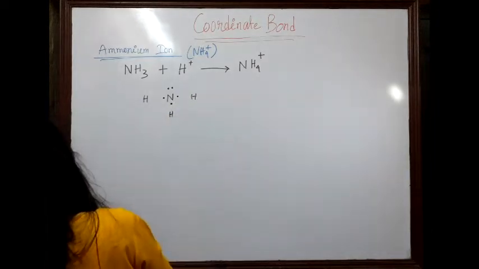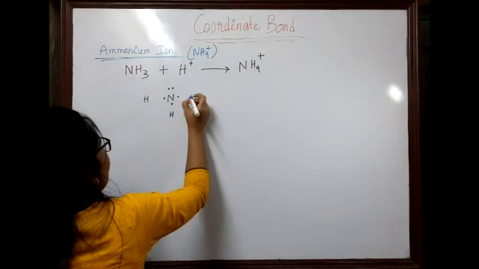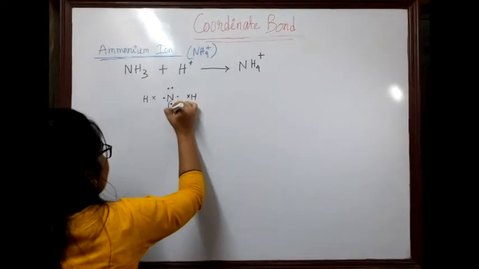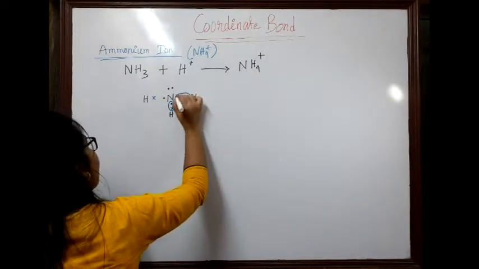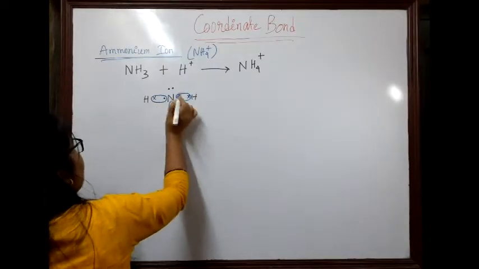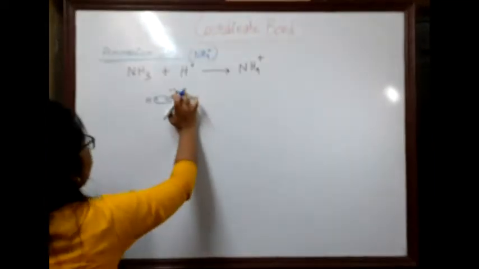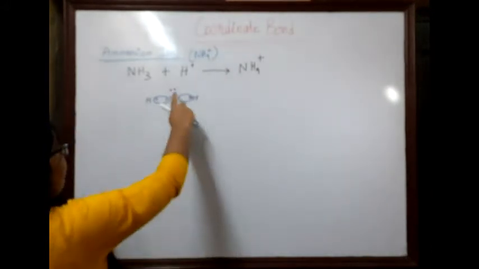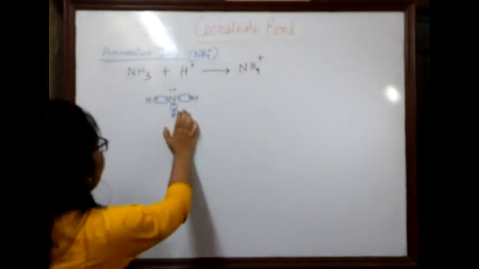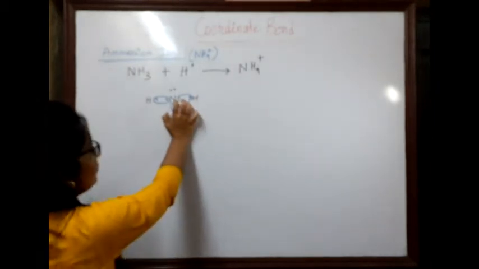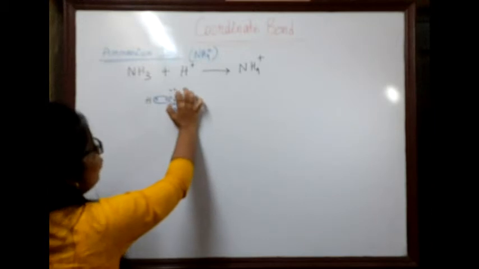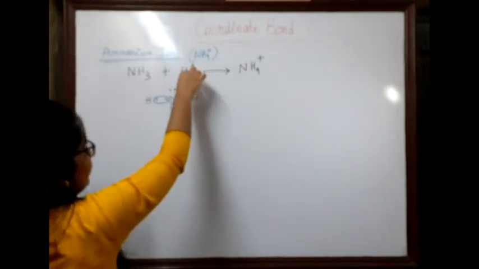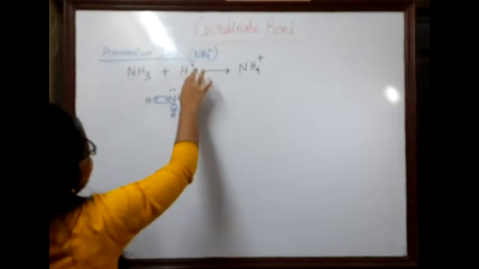And hydrogen has 1 electron in its outermost shell. So these are forming covalent bonds, and we can see that there is one lone pair of electrons. Okay, so here the nitrogen atom is the donor atom, and H plus is the acceptor atom.